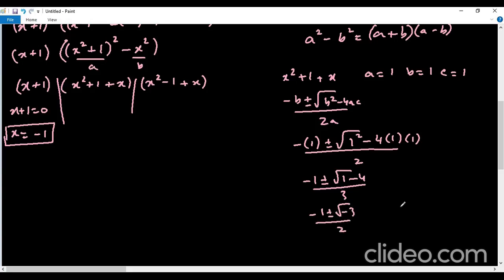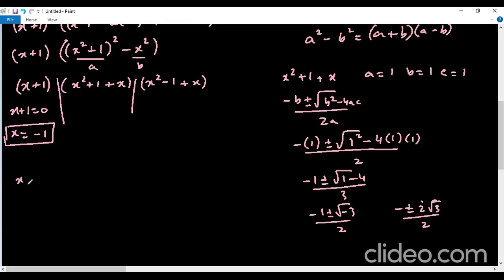And I know very well this is minus 1 plus minus iota, because it's a negative 3. That means iota is going to become negative 1. So under root 3 over 2. These are the two values, plus and minus both. Now we have to find out altogether 5 values.